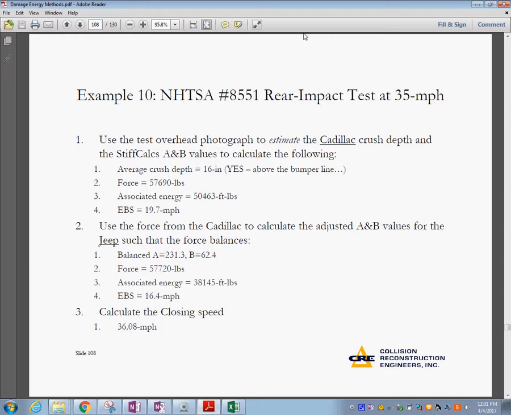With this, you can calculate, or rather using the A and B values, come up with the associated energy and the equivalent barrier speed of 19 miles per hour. Now we can use the force from the Cadillac to calculate the adjusted A and B values for the Jeep. Why is this possible?